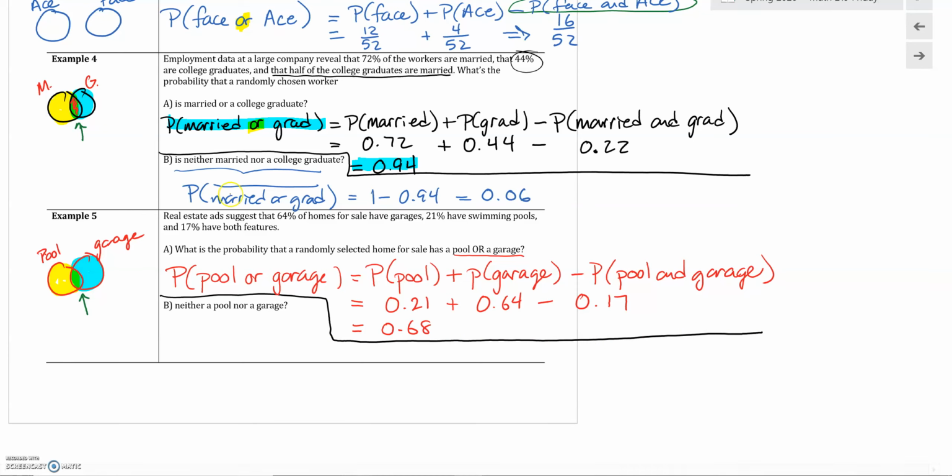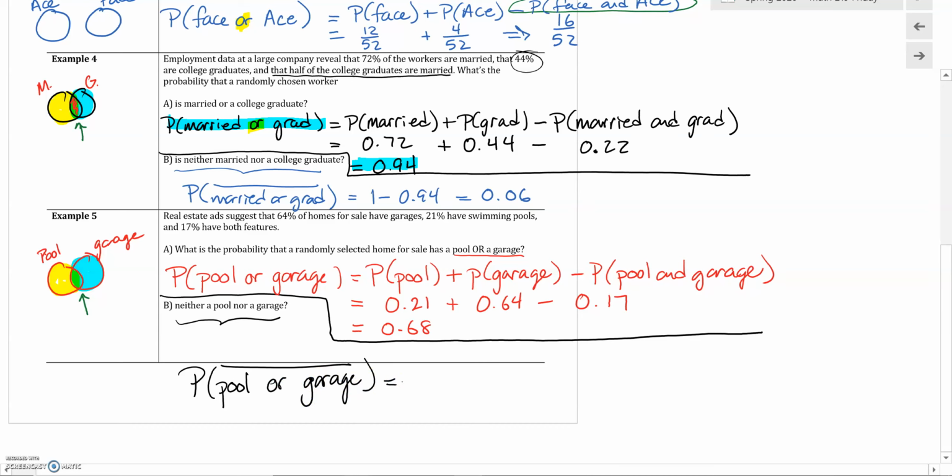Okay, and then just like the last one, how about the probability of selecting a listing that has neither of them, a pool nor a garage? Probability of pool nor garage would be not pool or garage.